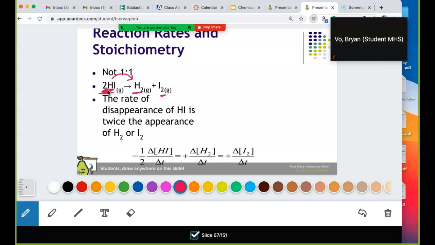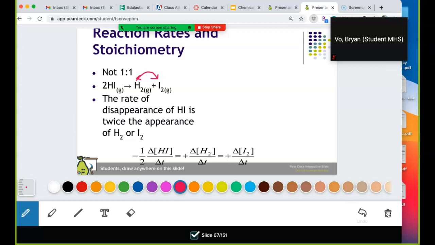And you will lose HI twice as fast as you will gain I2. Now, what about H2 and I2? They're being produced in the same ratio. So they should be produced at the same rate. That's all this concept is.